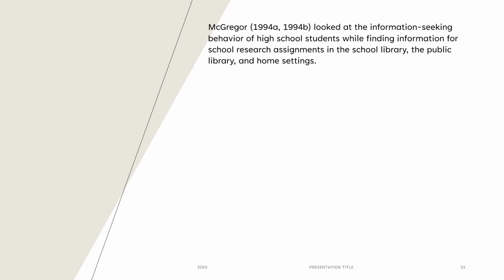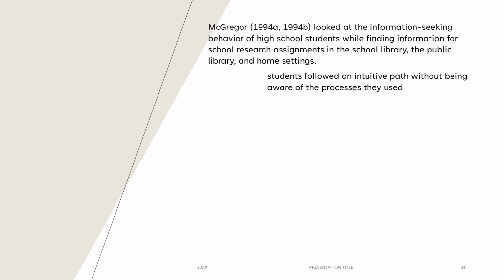McGregor, 1994a to 1994b, looked at the information-seeking behavior of high school students while finding information for school research assignments in the school library, the public library, and home settings.